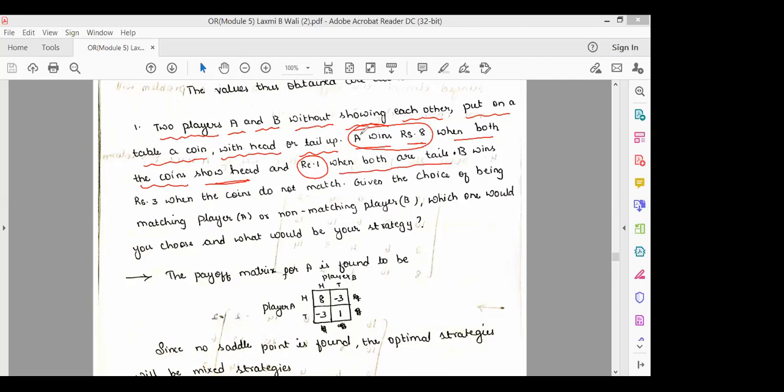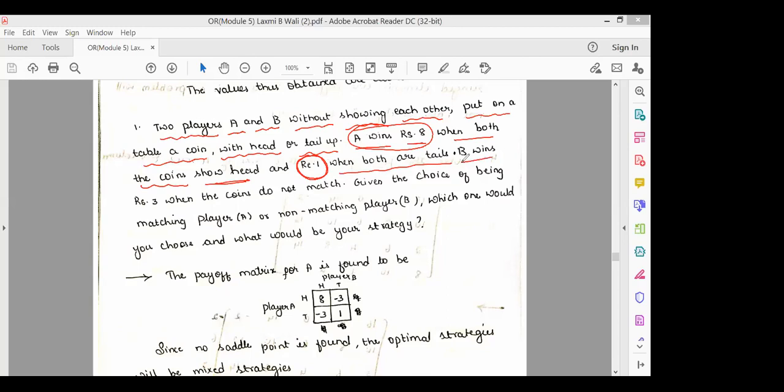Suppose player A gets tail and player B gets head, then what is happening? Sorry, when both are tails, that is, when players A and B throw the coin and both of them get a tail, then once again player A is winning by ₹1.